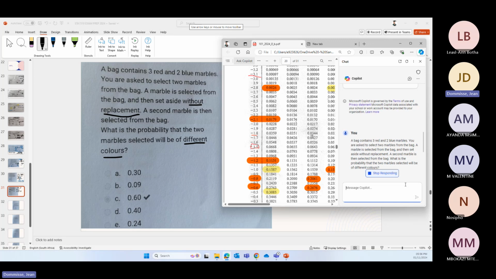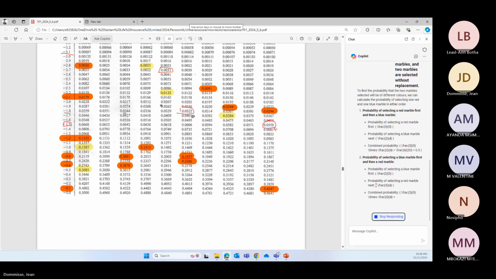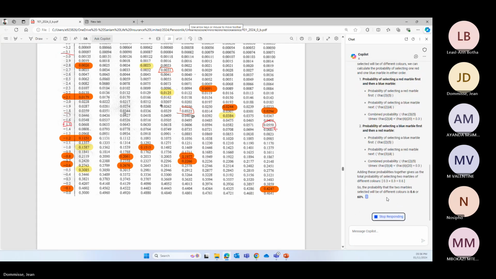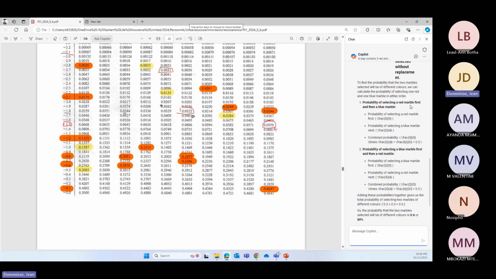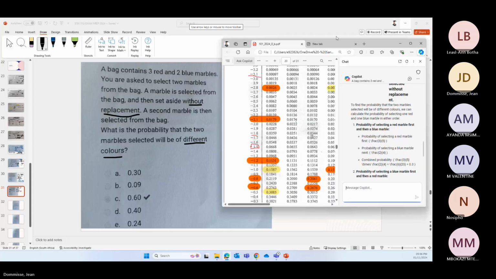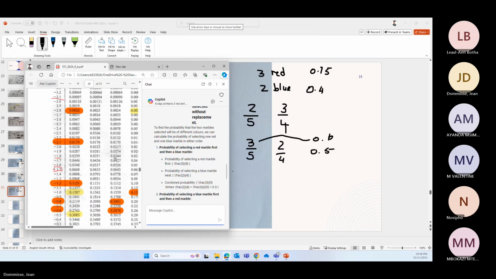Okay, let's see. Sheesh. Okay, so the probability of selecting a red marble first and then blue. Okay, so we did work that out. The fraction of 3/5, 3/5, 2/4.